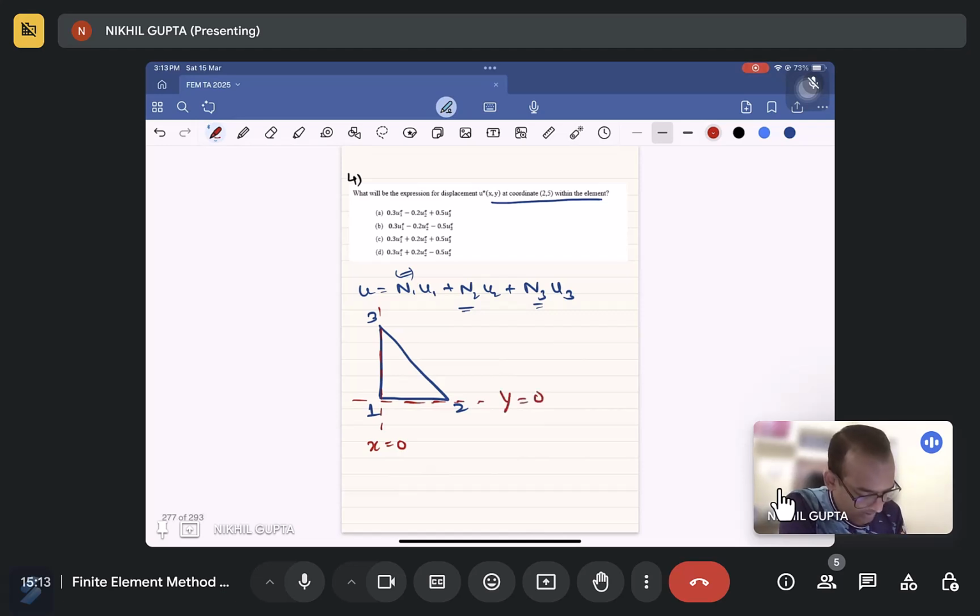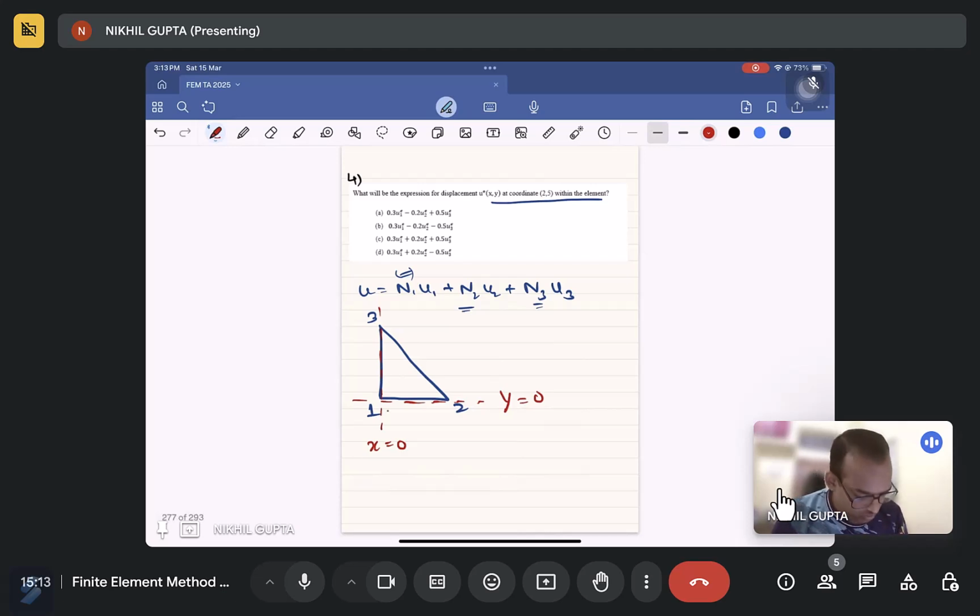So what you can write: N2 will be x and N3 will be y. Also we have to put the equation at that point as well.